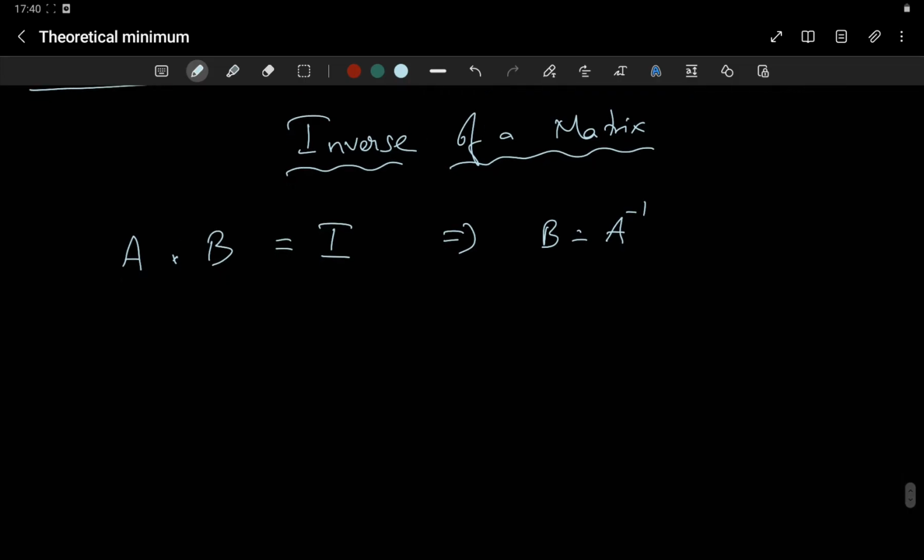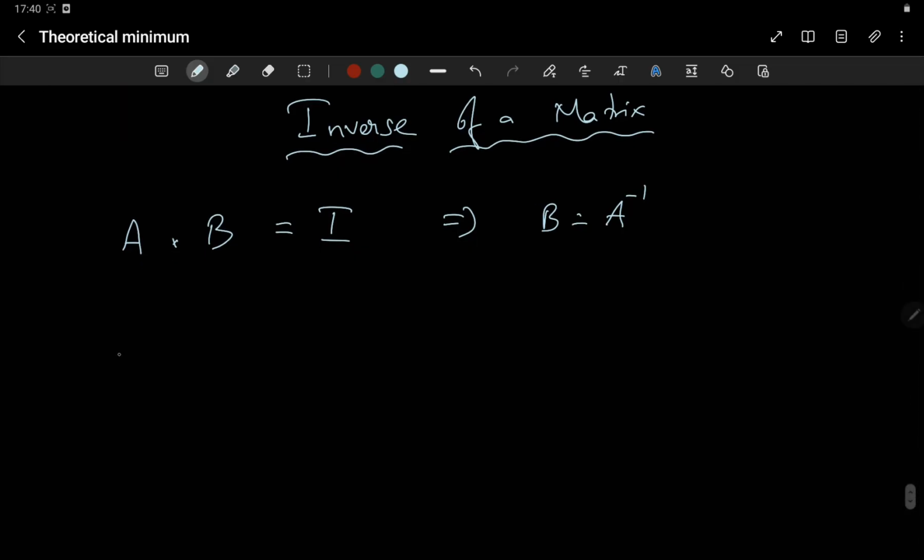So now, how to calculate the inverse? Once again, we'll go to the column picture.